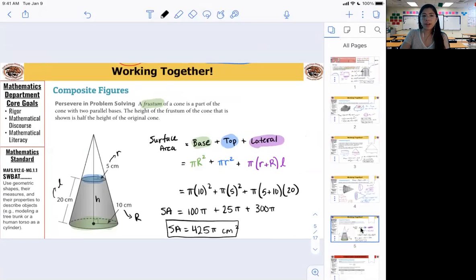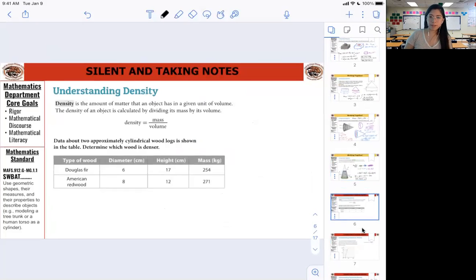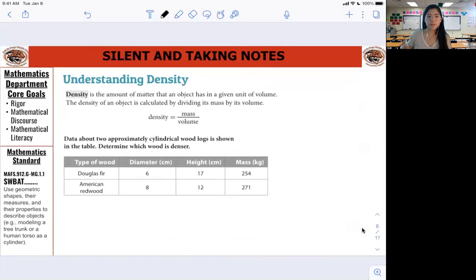So if we can practice this as much as possible, I think what I'll do, because Khan Academy just does not have good questions, I don't like the way they're doing this chapter, so I don't want to use their questions, is maybe post some practice problems on Teams so that you can practice before your quiz and ask me any questions you have, because this is something that will most likely be on it. So just be aware. In the last 20 minutes, we're going to quickly start on density.